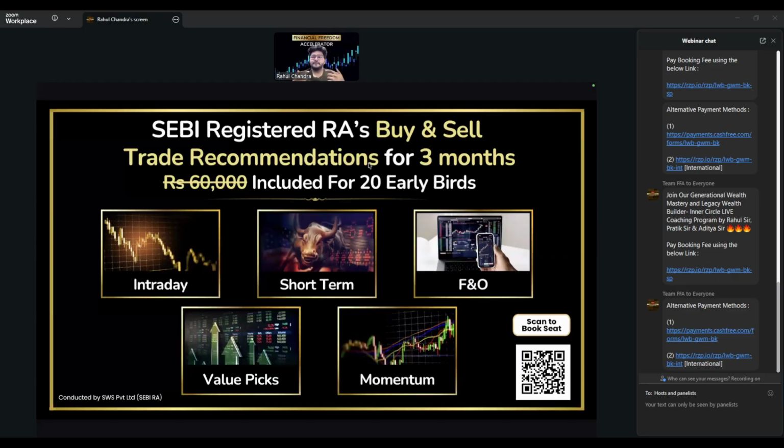But the purpose of why we are conducting this is, first, education. We want to educate you so that you are able to do this on your own. Otherwise, what is the point of teaching you trading if you can't ideate trading signals on your own? What is the point of teaching you investing if you can't identify an investment opportunity on your own? So that is why we're giving you 3 months access to this.